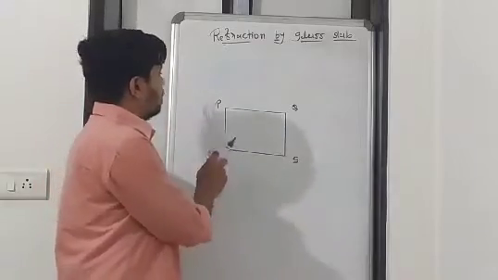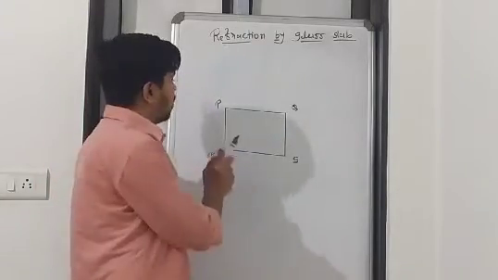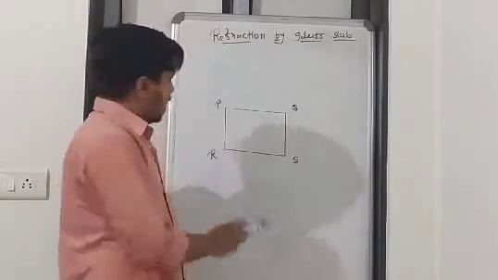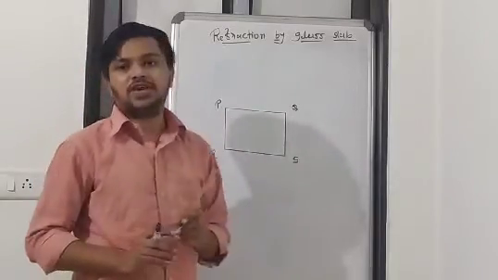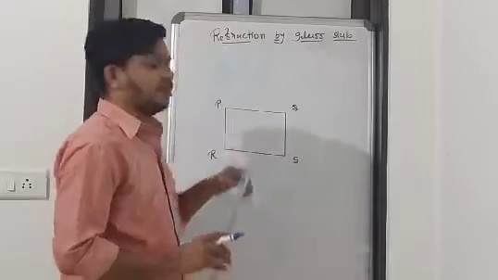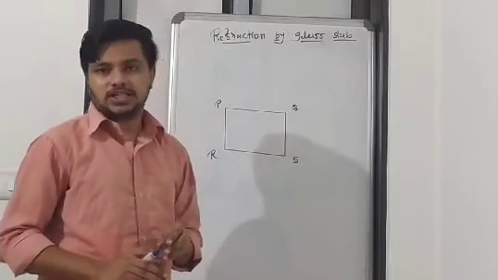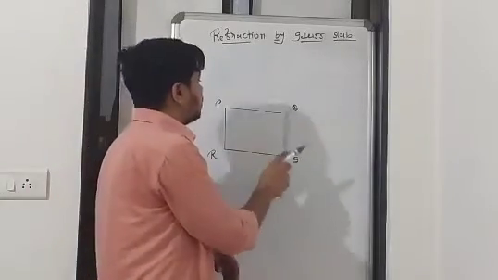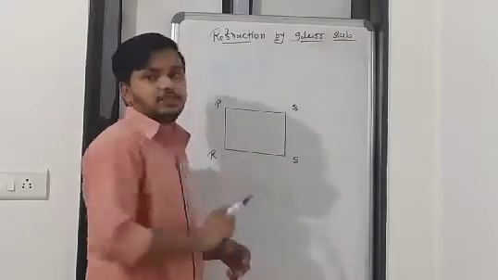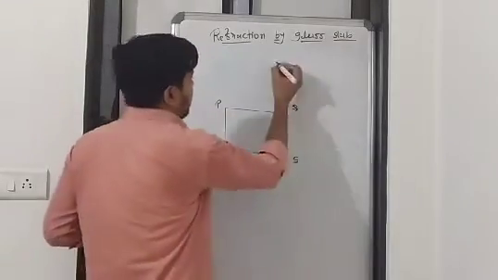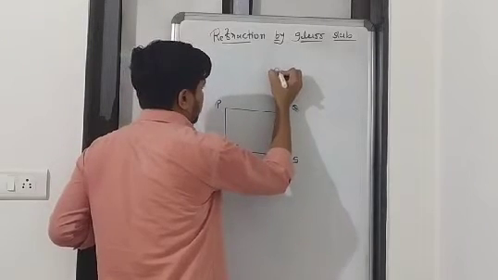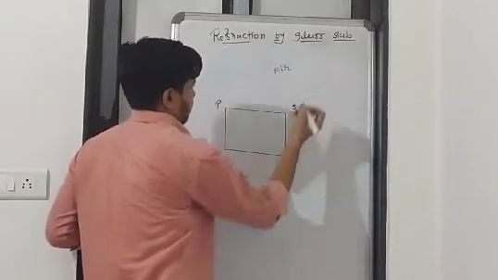Then you have to give the names P, Q and R, S, in which PQ is one surface, right? And RS is the other surface. They are two parallel surfaces, right? Both surfaces are parallel to each other, which forms an interface between two different transparent media, air and glass, and then glass and air. Here the medium is air.